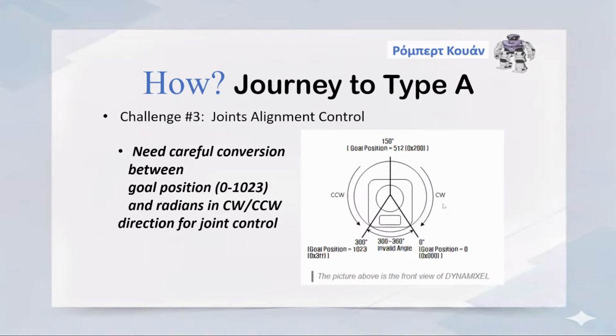The main one I needed to pay attention to is how the goal position is defined and controlled. On the right-hand side is a picture from their user guide where the center point is 150 degrees, and you can turn clockwise and counterclockwise. Based on that, I needed to decide whether to twist clockwise or counterclockwise to manipulate the different joints' directions correctly.